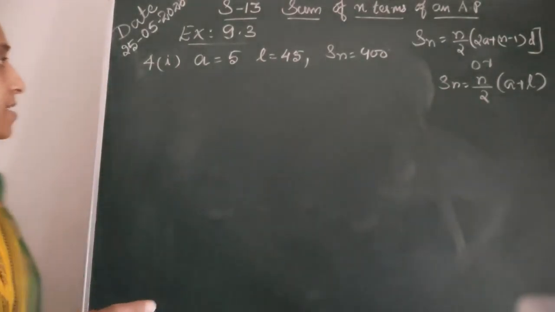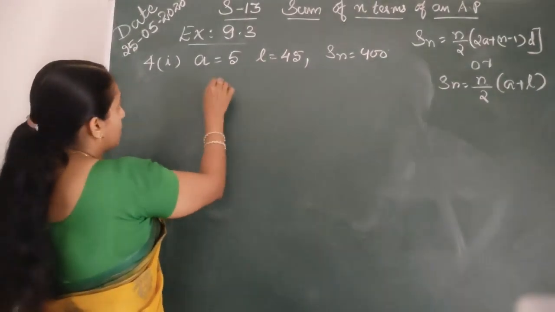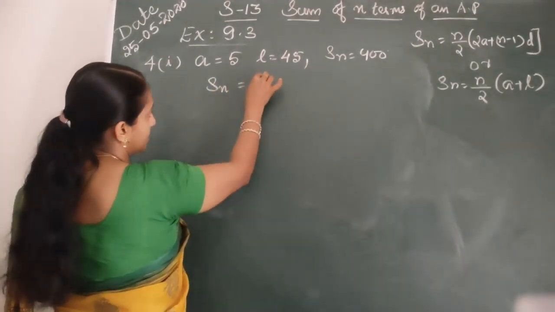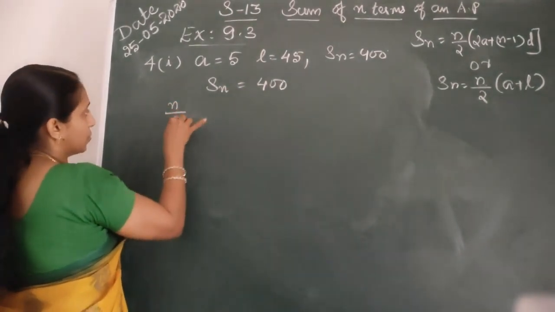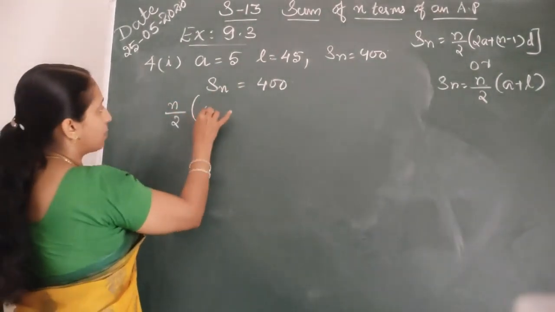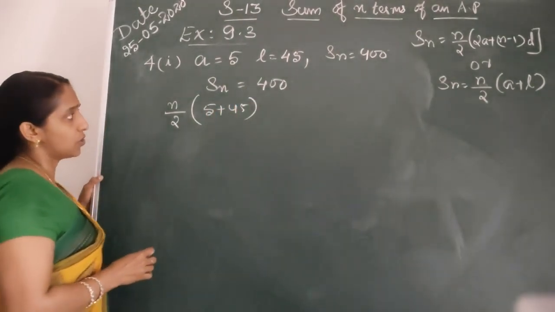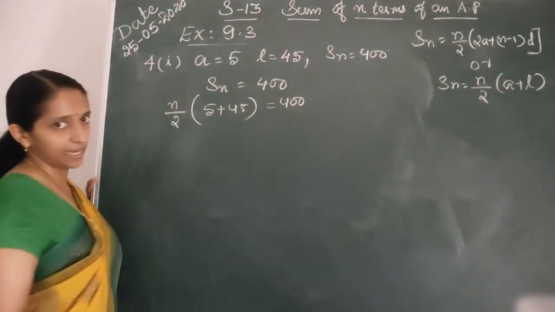So if you are substituting in the Sn formula, Sn equal to 400 given. That means n by 2 into 5 plus 45 is equal to 400.